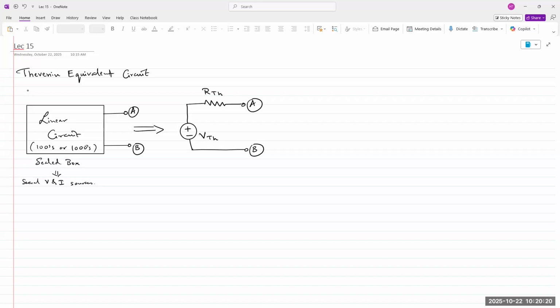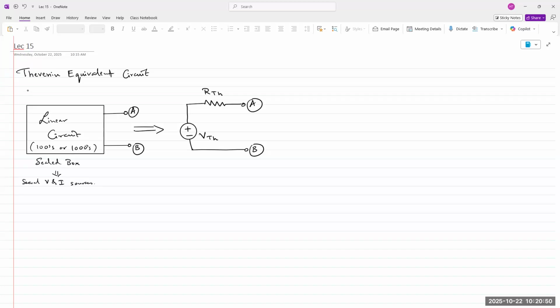So you're not doing anything new here. What you're going to do is apply your techniques to determine the value of that Thevenin voltage. And you're going to apply your existing techniques to find the value for RTH, which is something you've already done. Any ideas or guesses on how we can find RTH? Remember what I said.